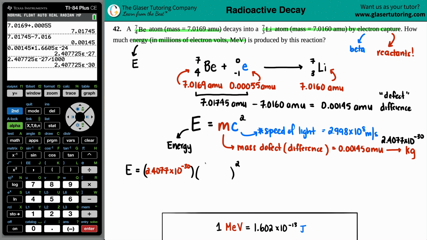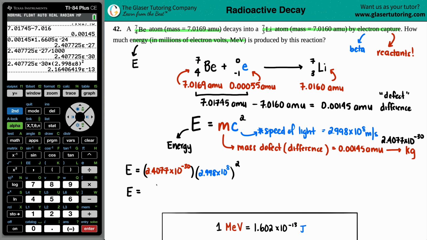And then we have the speed of light, the constant value, 2.998 times 10 to the 8th meters per second. We could plug this all into the calculator at once. So E equals, we'll take this whole number, times 2.998 times 10 to the 8th, and then we will square it. I'm just making sure that I'm plugging in everything correctly. There we go. Press enter.